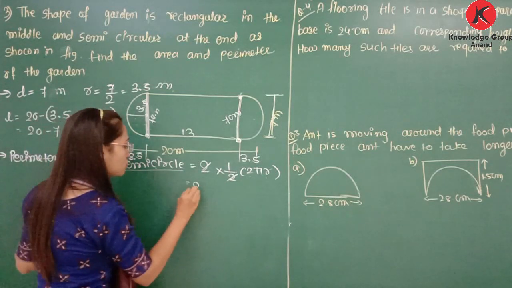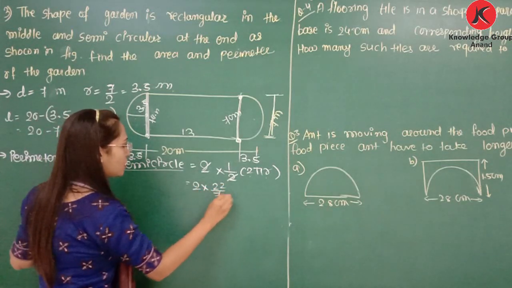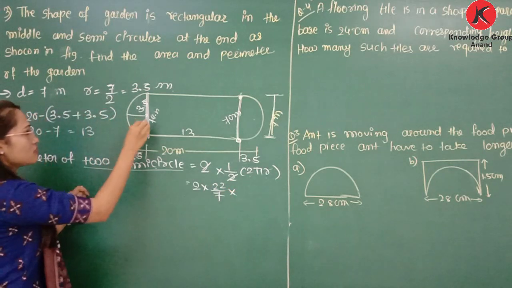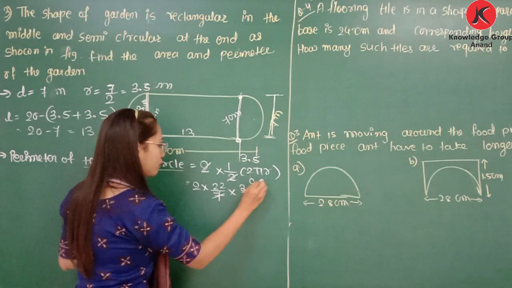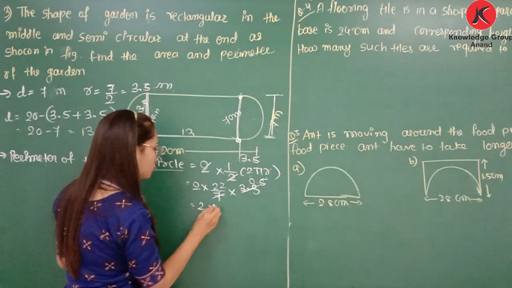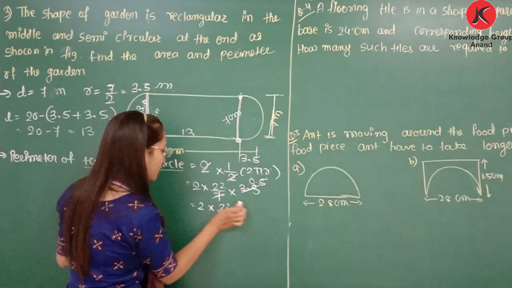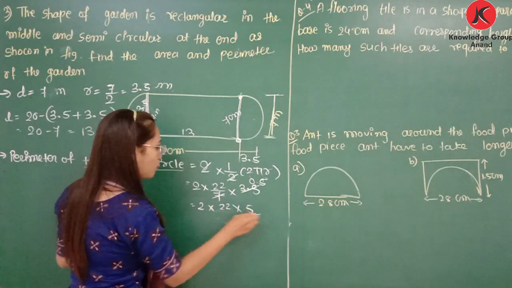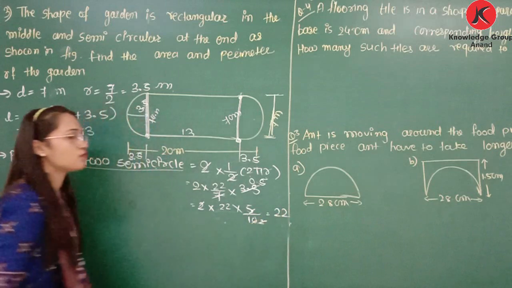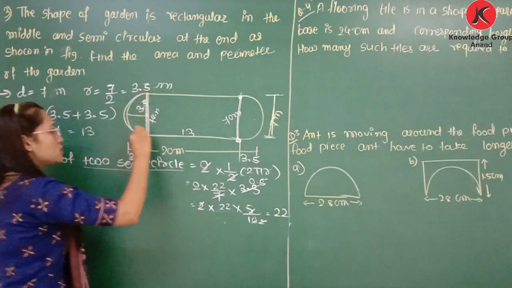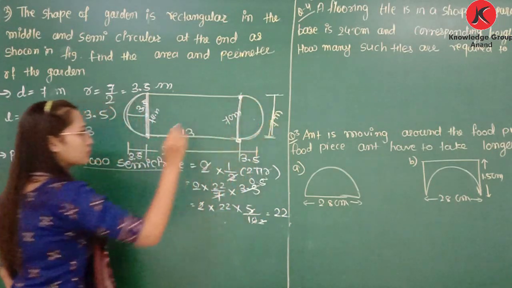Now write the values. 22 by 7, and what is the radius? That is 3.5. So that is 0.5 to 22 by 7, 22 multiply 5 by 10. So 22. That is what? Perimeter of this two curved parts.